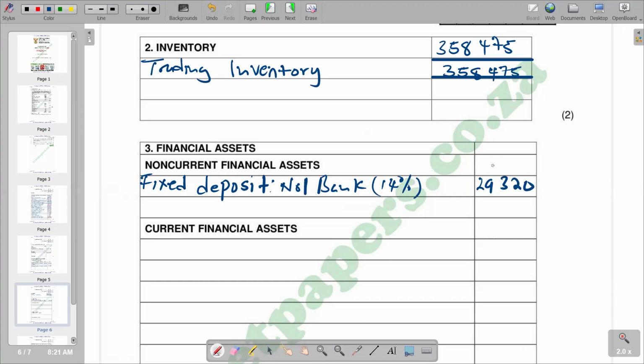So with that, the only non-current financial asset that we have is 29,320. So we can as well close and have our total on top, which is going to be the same figure.